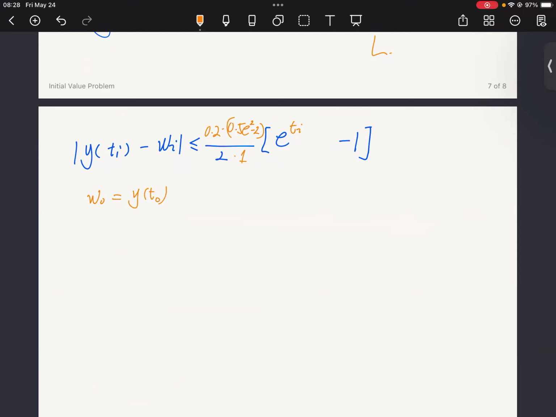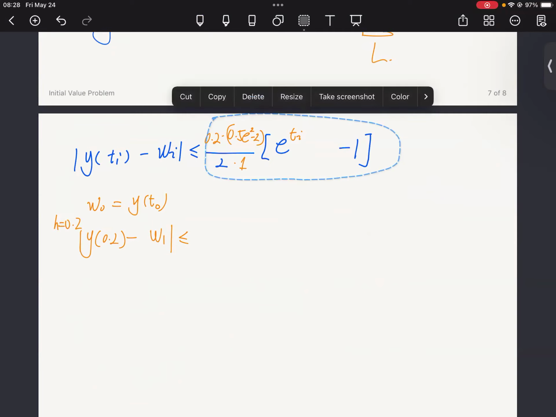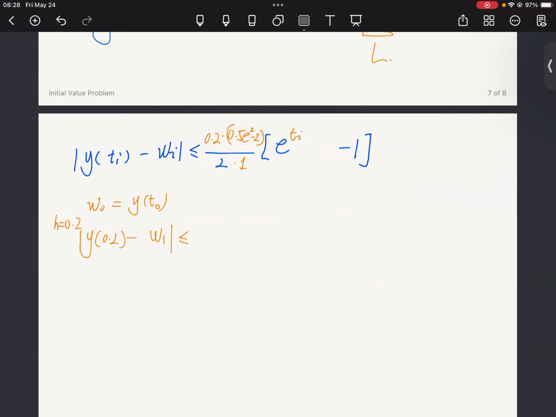And for the w1, that is the estimation, because our step size is h equals 0.2, so for time 1, the t1 is just 0.2, and then y1 minus w1 is bounded by this. What we need to change here is just the numbers we have.